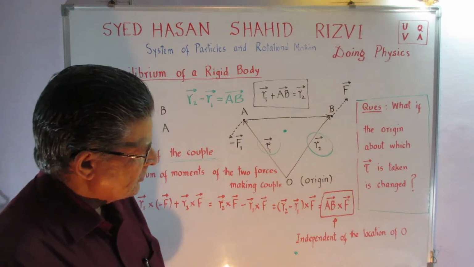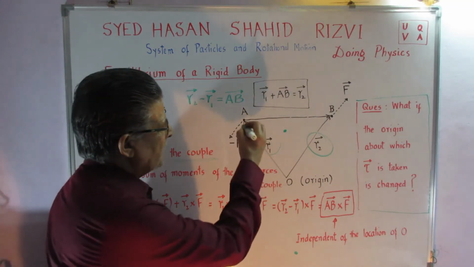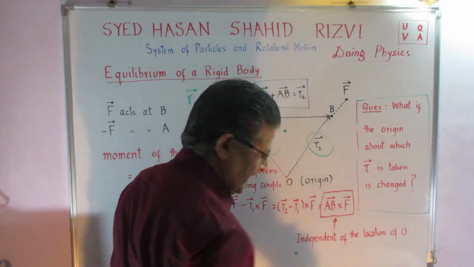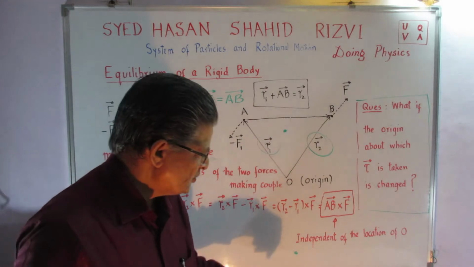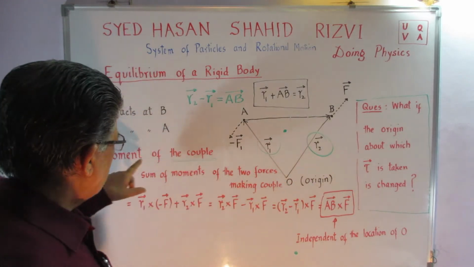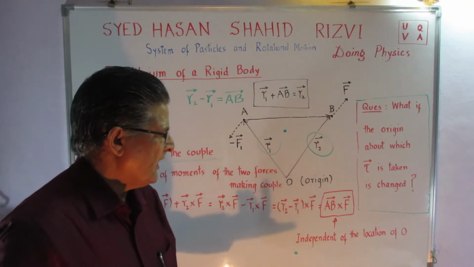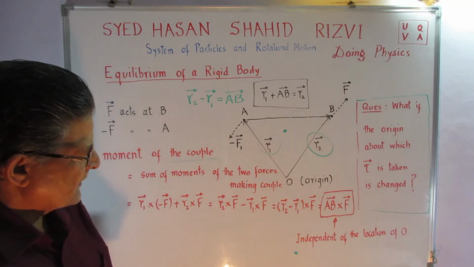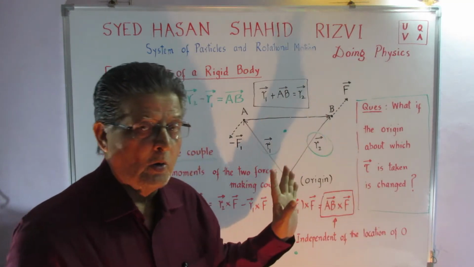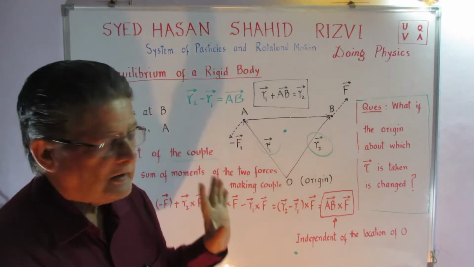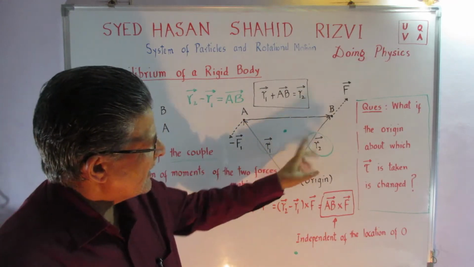But one thing is not going to change, and that is the vector AB. So therefore it shows that the moment of the couple or the torque which we have calculated is independent of the location of O. O may be anywhere. The values of R1 and R2 may change.